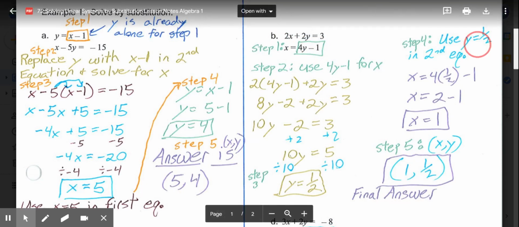So we're going to substitute 1/2 in for y. So x equals 4 times 1/2 minus 1. So x equals 2 minus 1, which means x equals 1. So now writing our answer as an ordered pair, x comma y, x always has to come first. So our answer would be 1, 1/2.